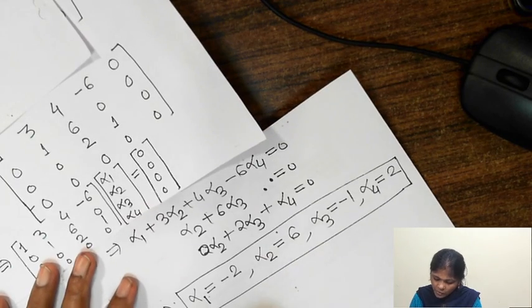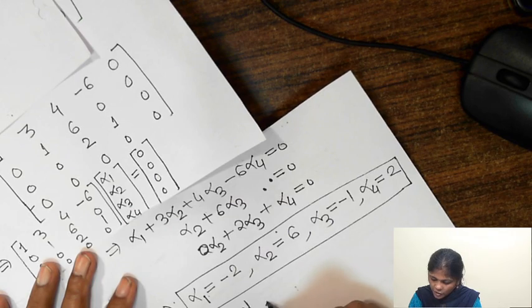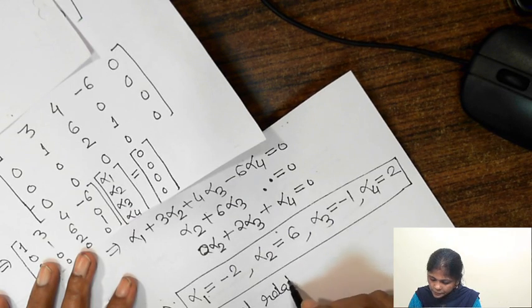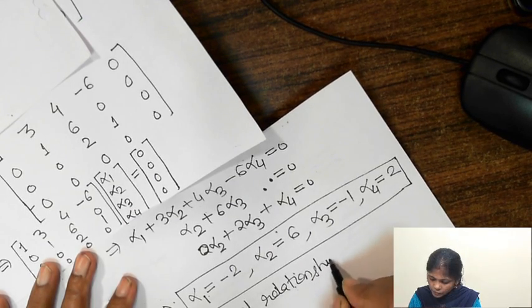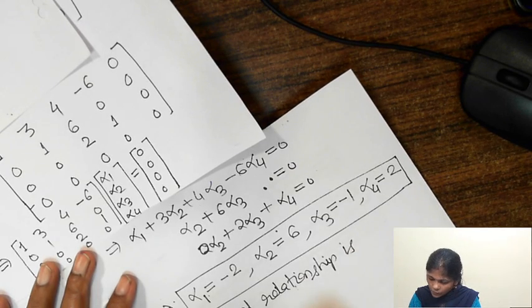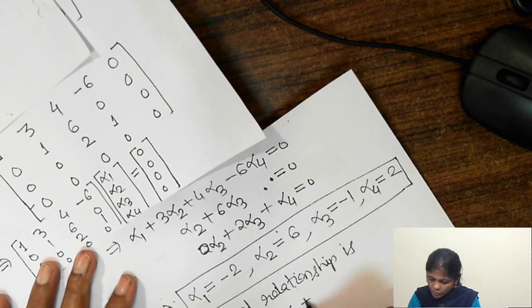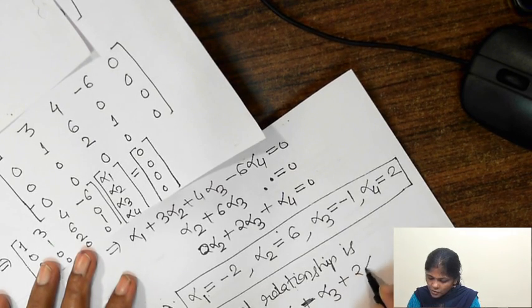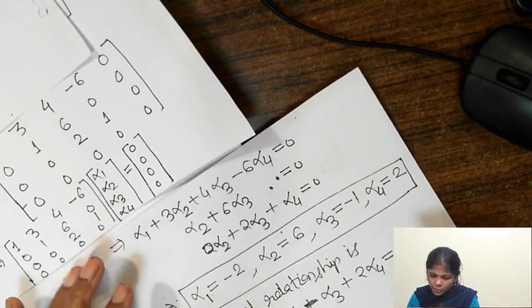Therefore all come out to be non-zero, hence the required relationship is minus 2 alpha 1 plus 6 alpha 2 minus alpha 3 plus 2 alpha 4 equal to 0.